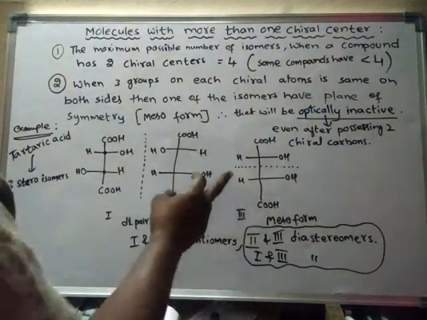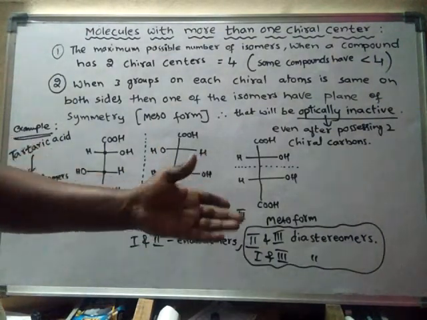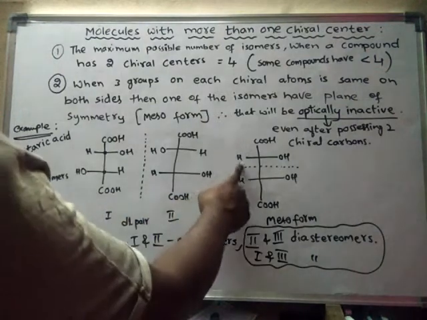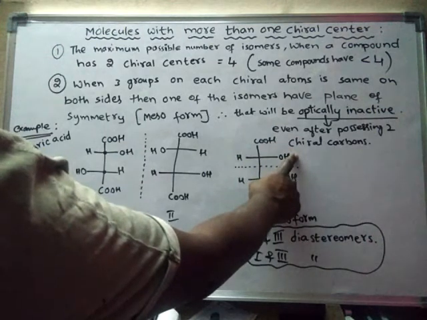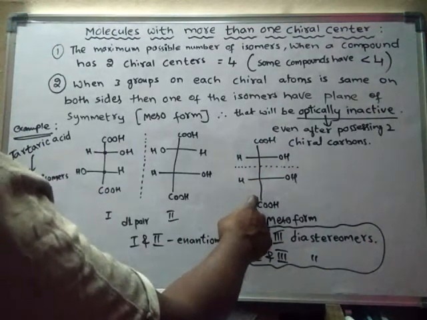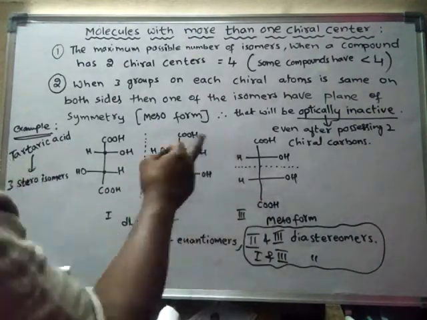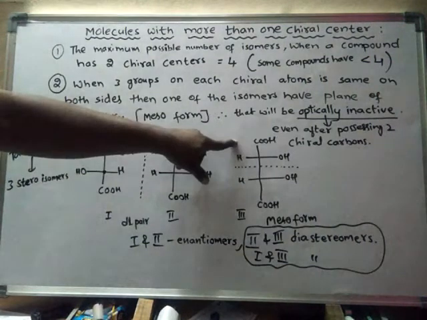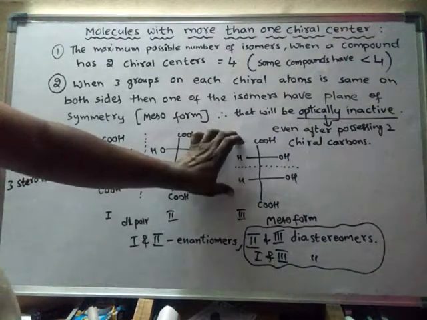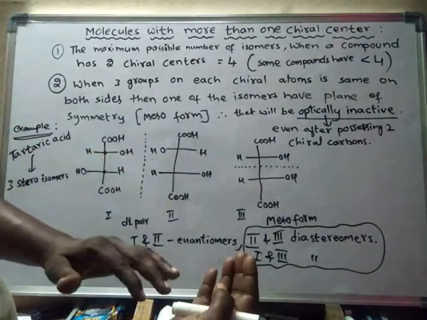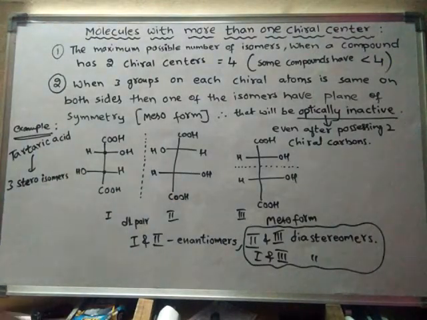The meso form will always be optically inactive because of internal compensation. If this part rotates the plane polarized light to the right side, then this part will rotate the plane polarized light to the left side, or if this part rotates it to the left, this part will rotate it to the right. So these two rotate the plane polarized light in opposite directions, but in equal degrees.